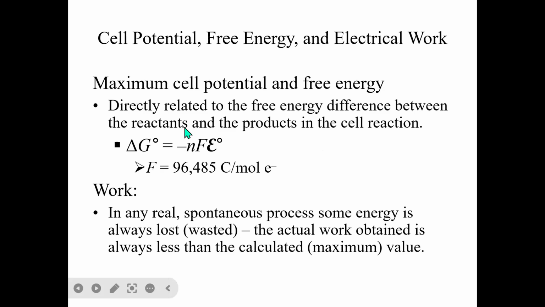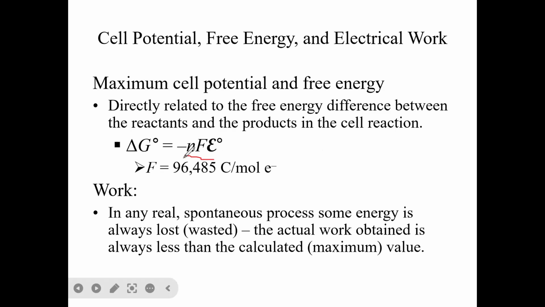And there is a formula that shows the relationship between cell potential, free energy, and electrical work. The formula is delta G naught, the standard Gibbs free energy, equals minus n F epsilon naught.